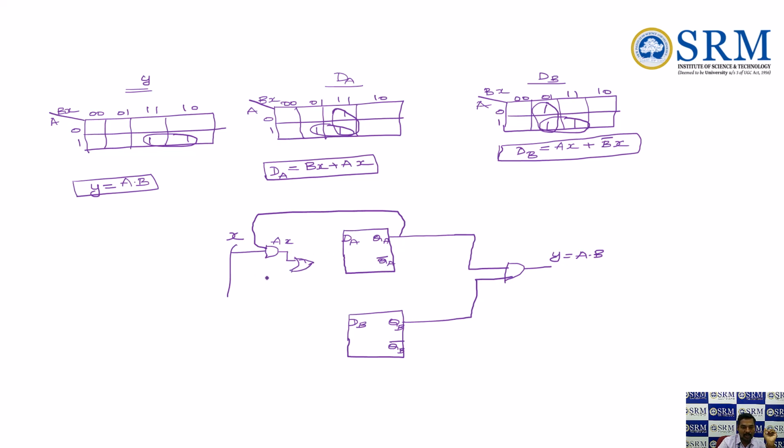So the other input for the OR gate is another AND gate. So my AX was over, then BX. So again this X has to be connected, and the other input is B. So B is my another input. So now here this is BX. So this was added and that was given as input to the first flip-flop, that is the A flip-flop.